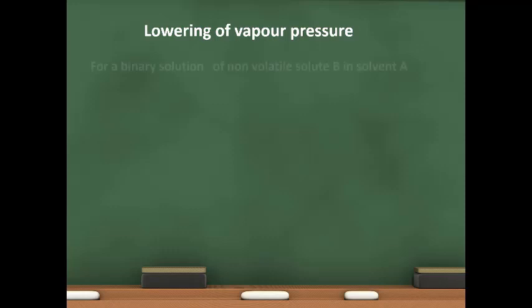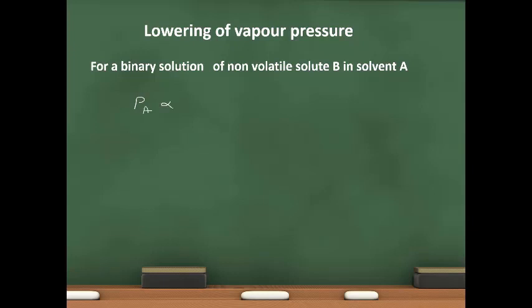So consider a binary solution of a non-volatile solute B in solvent A. Raoult showed that the vapor pressure of the solvent in the solution Pa is proportional to its mole fraction Xa, where Pa is the vapor pressure of solvent in the solution. Xa is the mole fraction of the solvent in the solution.